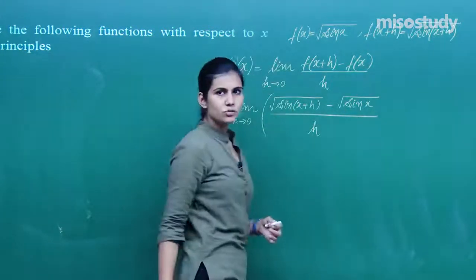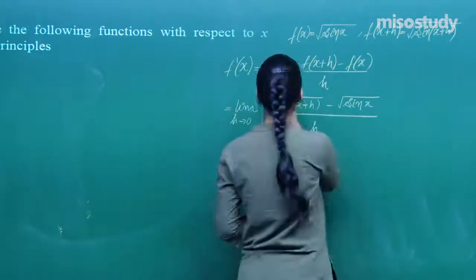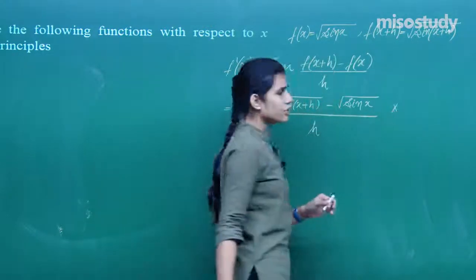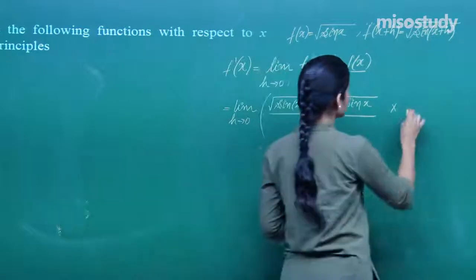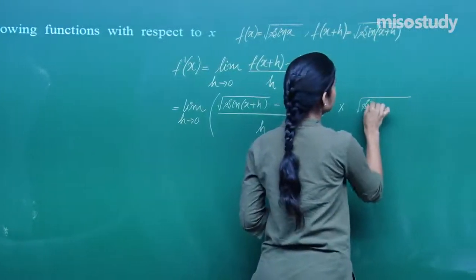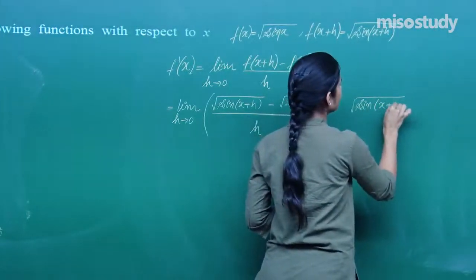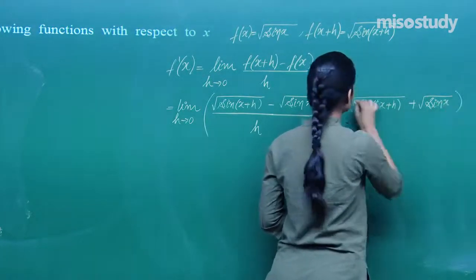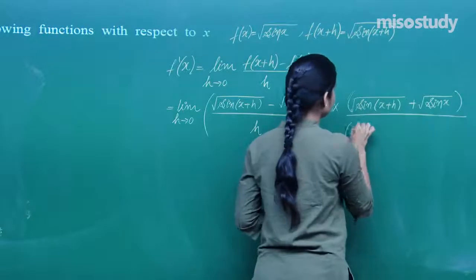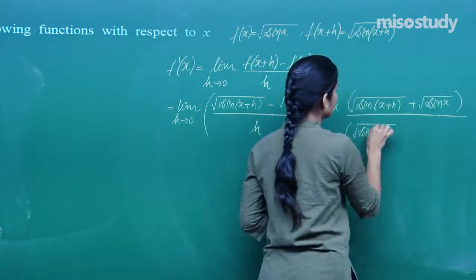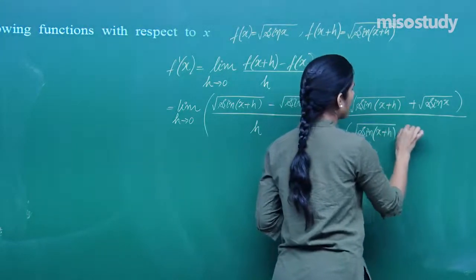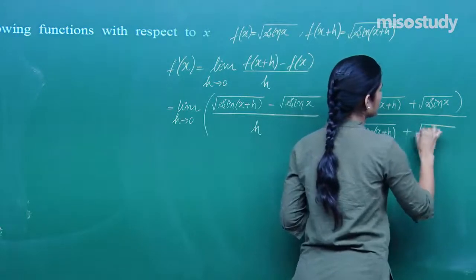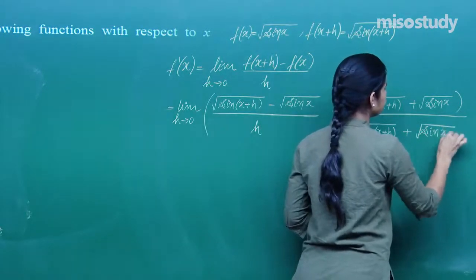So, the obvious step is to multiply and divide by the conjugate of the numerator, that is root over sine of x plus h plus root over sine x, multiply by this expression and also divide by this expression, root over sine of x plus h plus root over sine x.